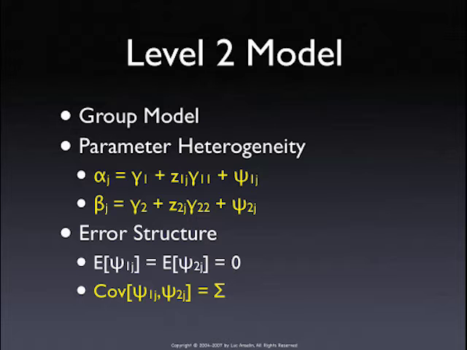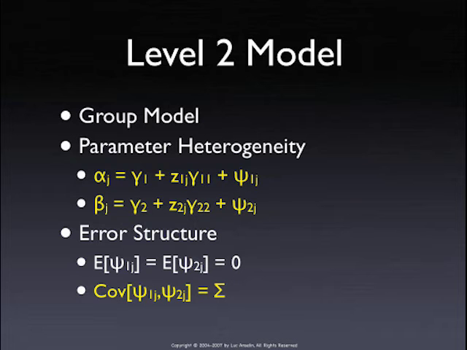The interesting part is in the error term, because the error term now contains this psi error from the constant part and the psi2 error, which is multiplied by the x variable, and the original error, the epsilon ij. So we put them all together. Then we have three, in this very simple model, three components in the error.